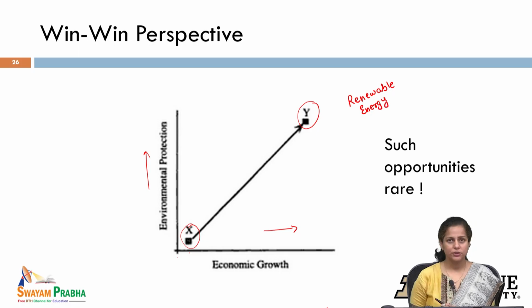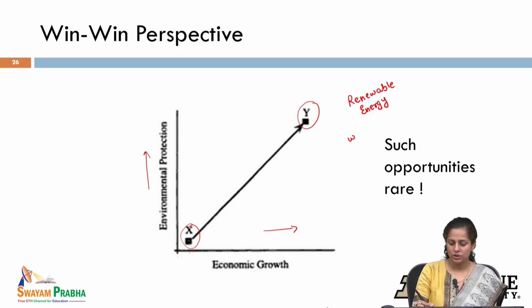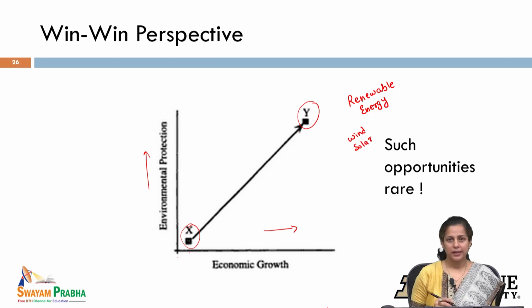The options in renewable energy like wind and solar present an opportunity to reduce greenhouse gas emissions in our environment, which helps us on the environmental protection aspect. But solar and wind are also very opportune technologies to provide employment to the local population, thus leading to economic growth in that region.